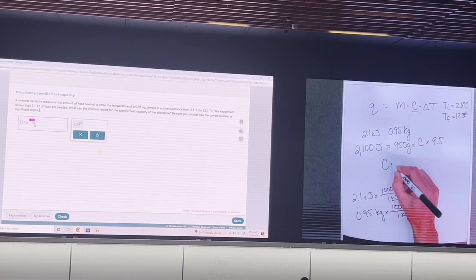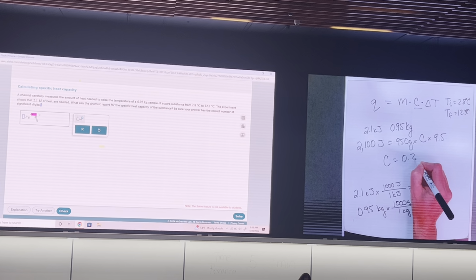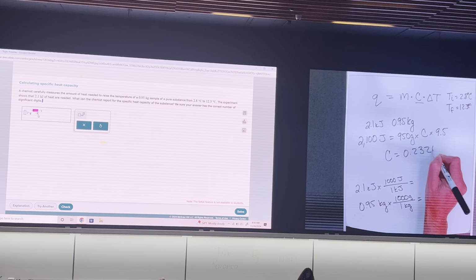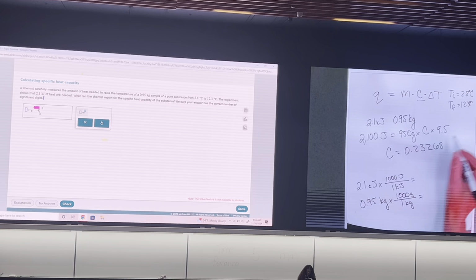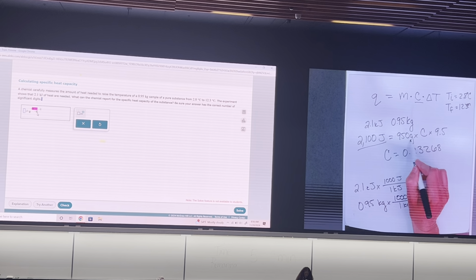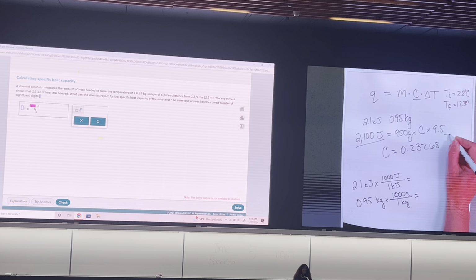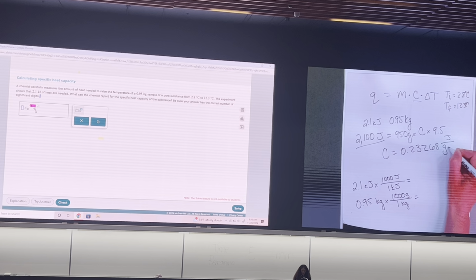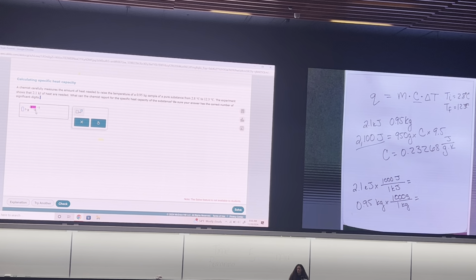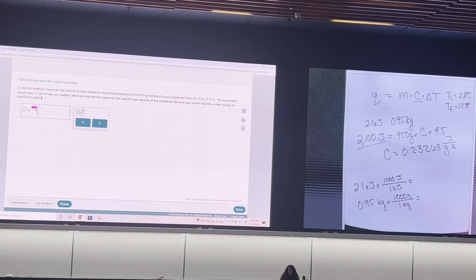And C is 0.23268. And the unit, because I divided over my gram and my C, the unit is joule over gram C. And it doesn't matter if you use C or K, it's going to give you the same thing.